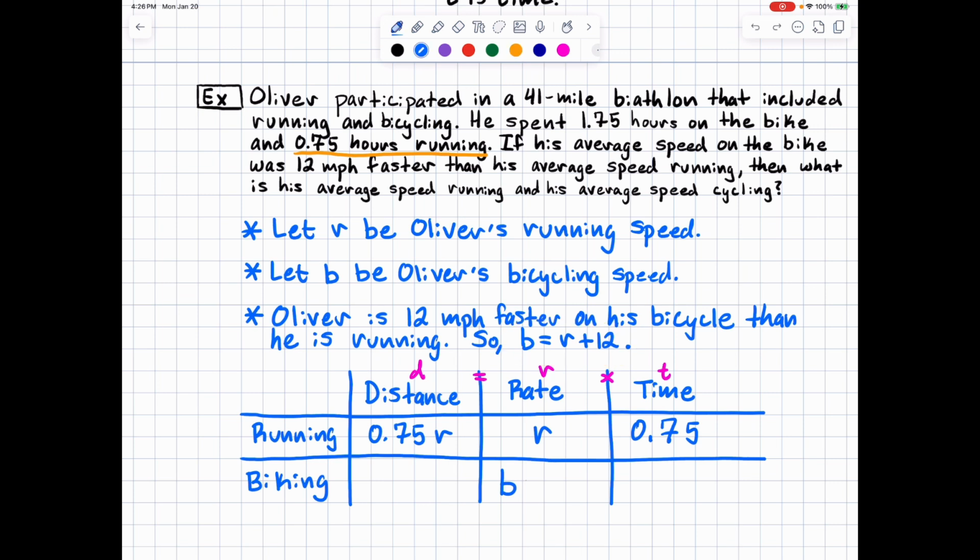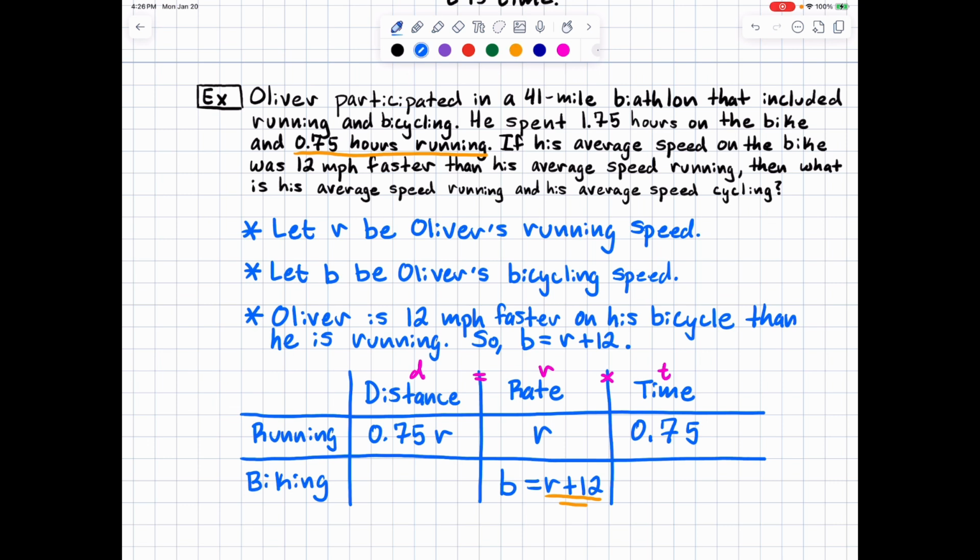So actually we want the r plus 12, because having one variable is very helpful to us. So we're going to say b equals r plus 12. And that's what's going to be important, so I'm going to underline that. That's what we're going to actually use.